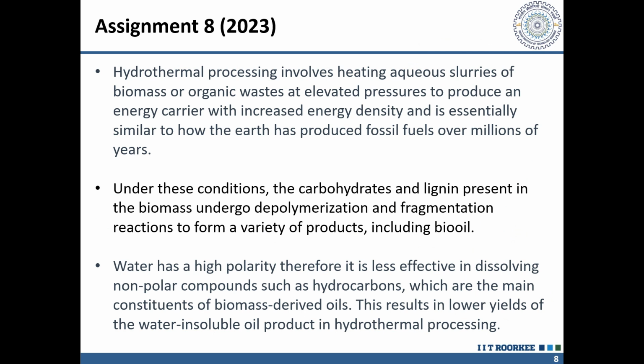So now let's move on to the theory part of it. Hydrothermal processing involves heating aqueous slurries of biomass or organic waste at elevated pressure to produce an energy carrier with increased energy density. Under these high pressure and temperature conditions, the carbohydrates or lignin present in the biomass undergo depolymerization and fragmentation reactions to form a variety of products including bio-oil.